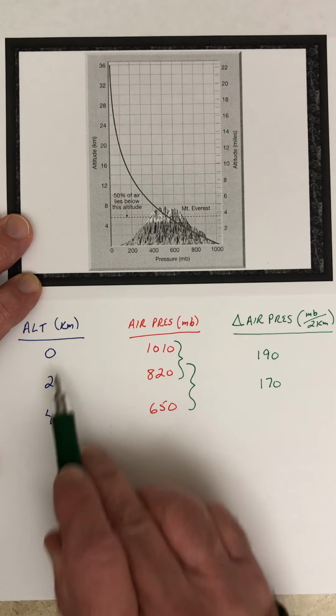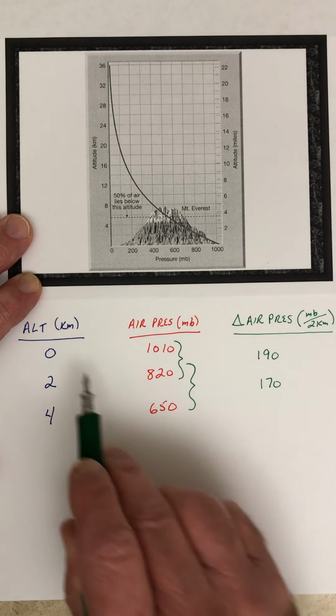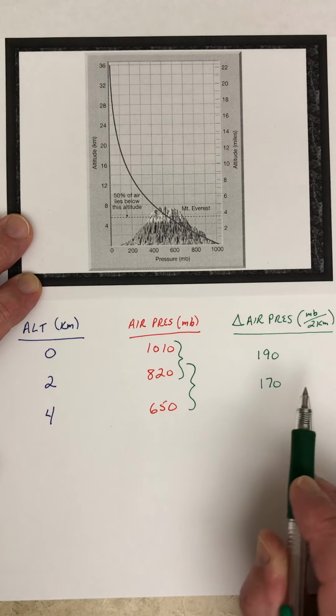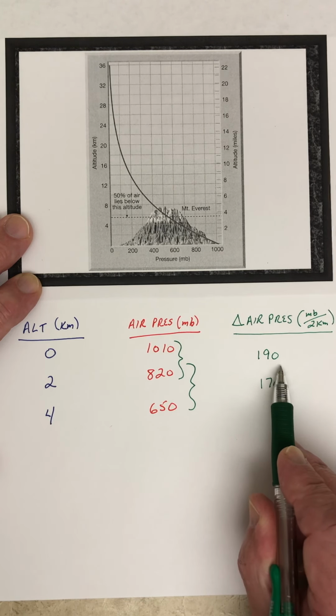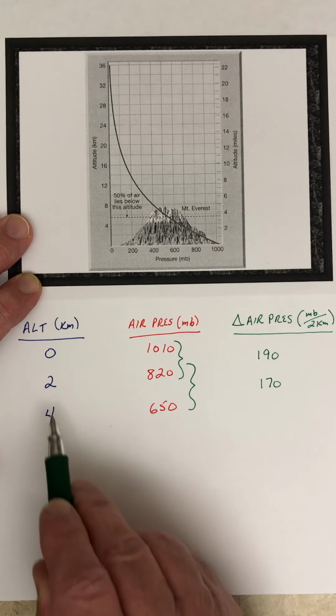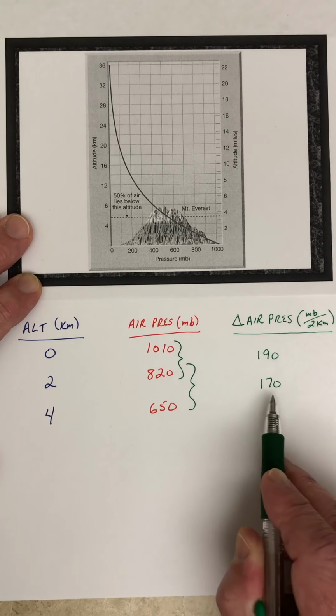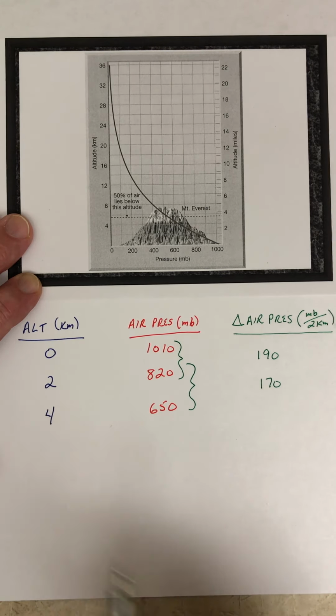From 0 to 2 kilometers, our air pressure changed by 190 millibars, and from 2 to 4, it changed at a slower rate, 170 millibars over this 2 kilometer range.